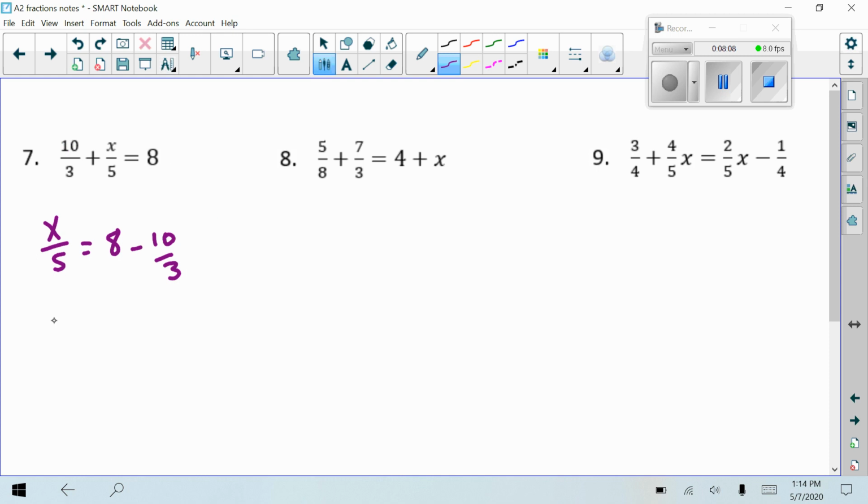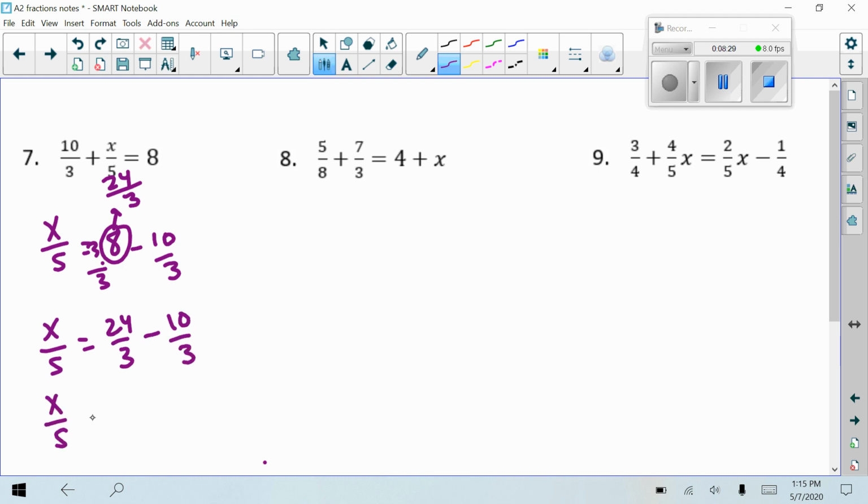So how am I going to do that? Well, let's turn this into thirds. So 8 times 3 is 24/3. So what I have here is this 8 is actually 24/3. Then I have the minus 10/3. 24 minus 10 is 14/3.